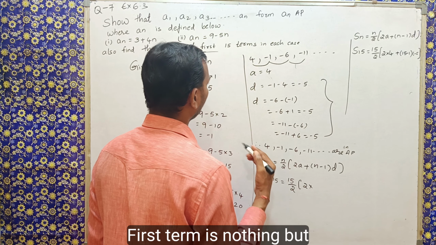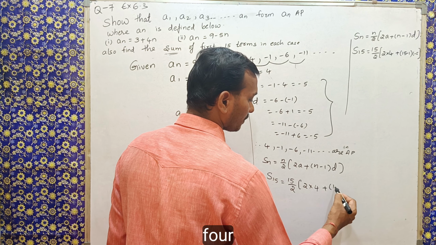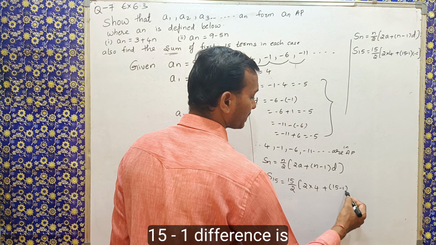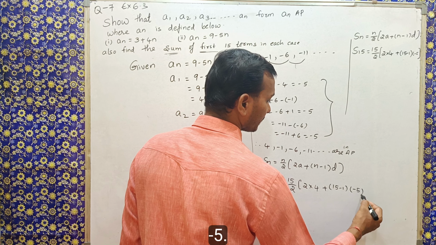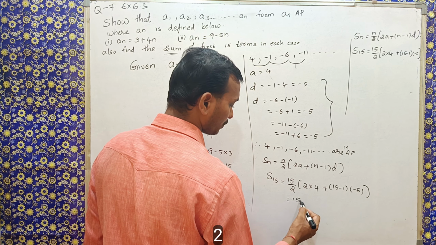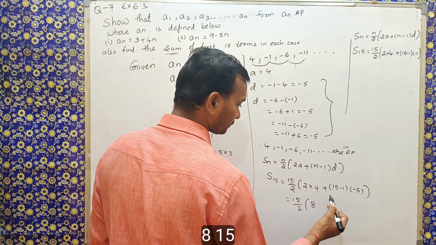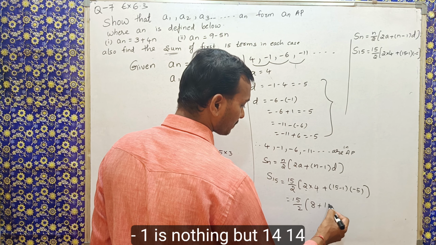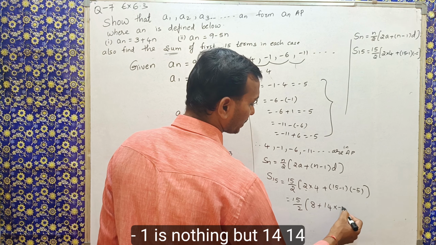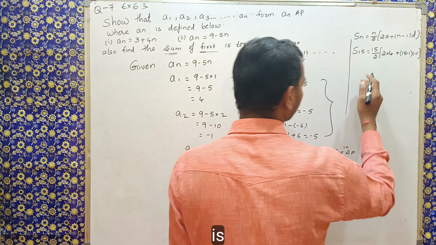First term is nothing but 4. 15 minus 1, difference is minus 5. So that is 15 by 2, 2 into 4 becomes 8, 15 minus 1 is nothing but 14, 14 into minus 5.